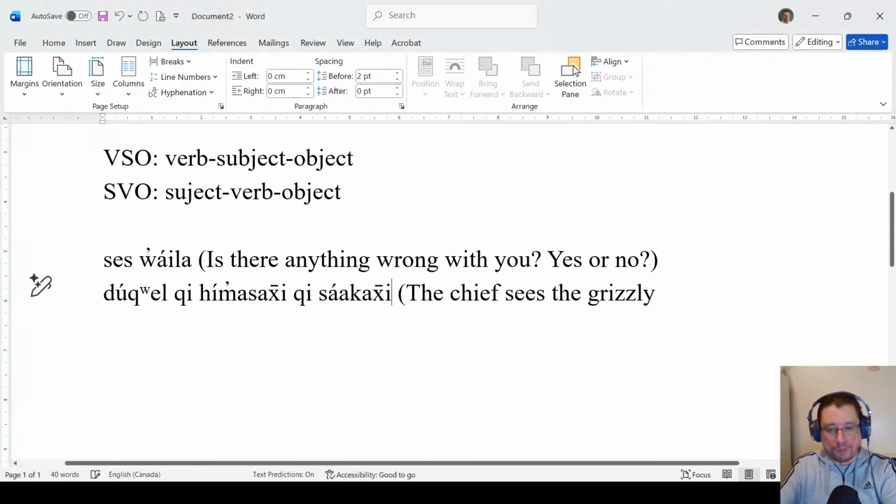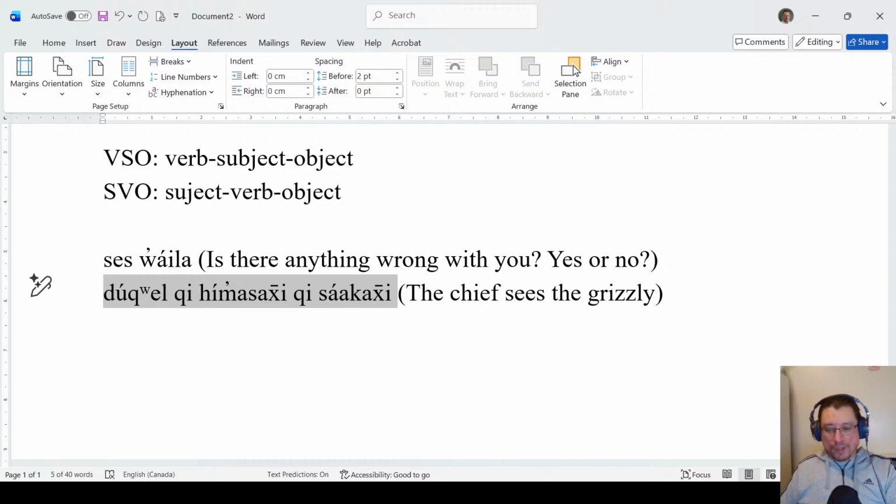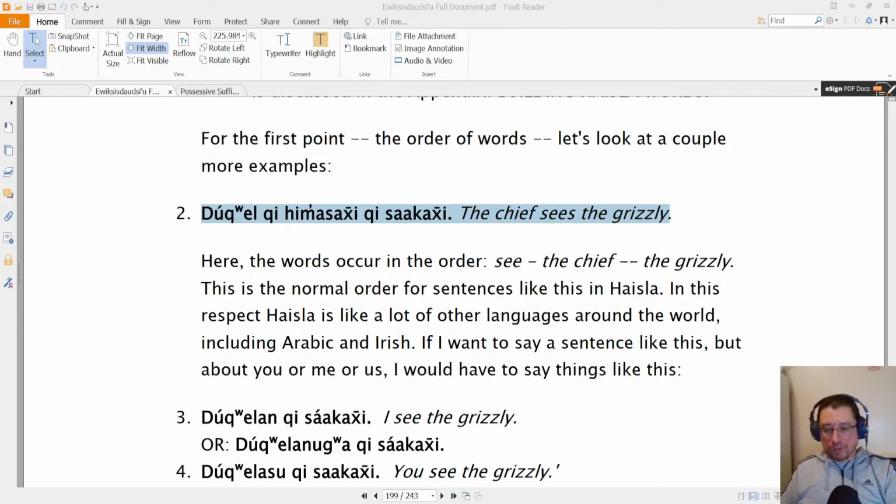Hopefully it'll stop it from doing that. So this means the chief sees the grizzly. Dukwul ke he masahe ke sakyahe. So that's the way it would look with the appropriate accent markers in the sentence.